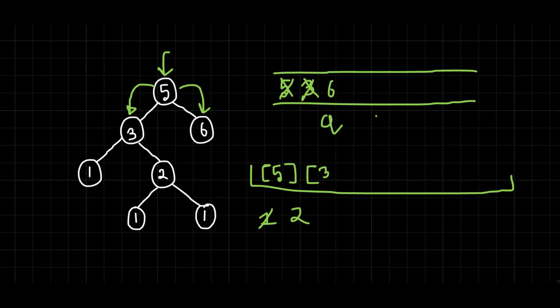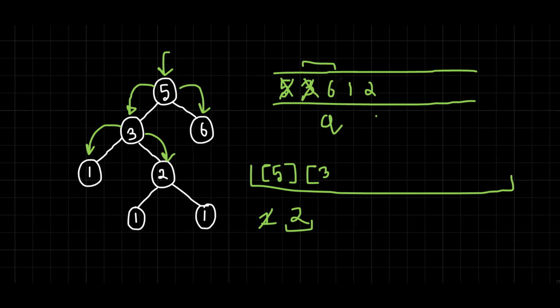After removing, we insert the left child value and the right child value of 3, which are 1 and 2. Now, as the size of the previous queue was 2, we consider 2 elements, which are 3 and 6, for the second level.